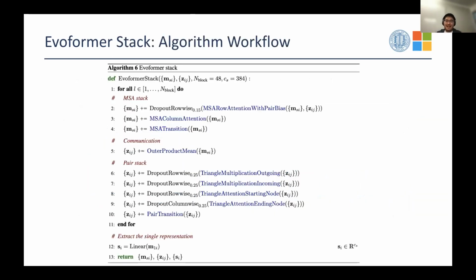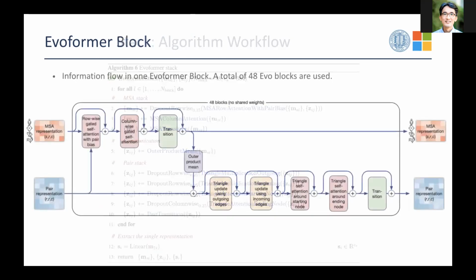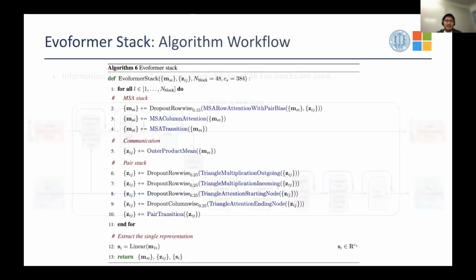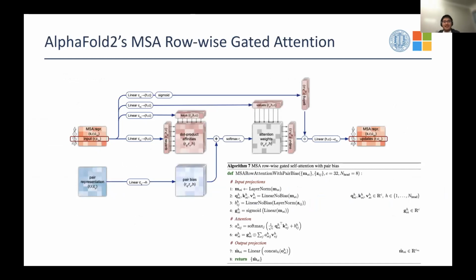This is our algorithm block for the exact same process, where they have a lot of blocks, with one transformation added to another. So let's go to the MSA part. It's a little bit complicated in terms of every block of this module, but we will decompose it into a couple of representative modules. In AlphaFold 2, the first component is row-wise gated attention.